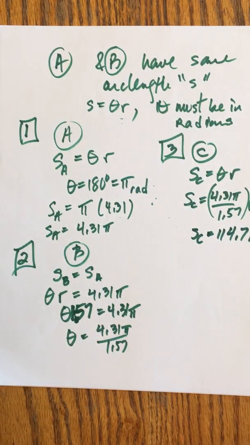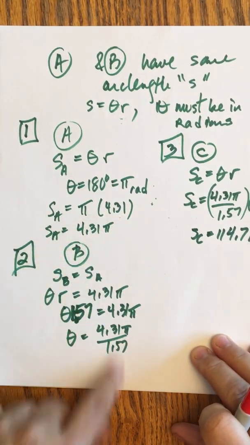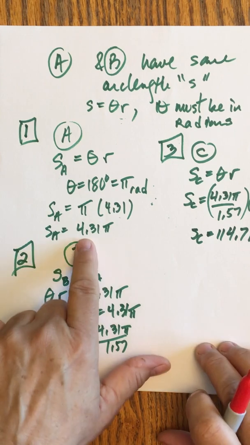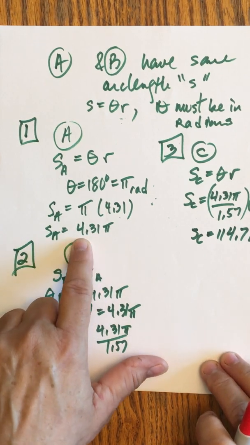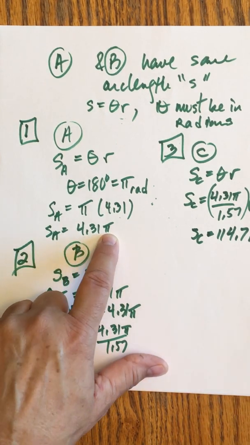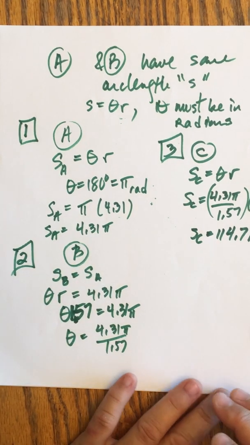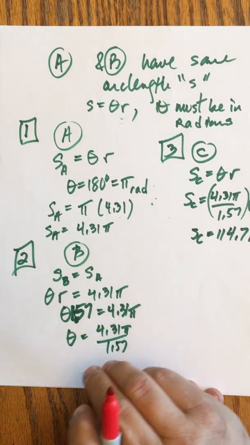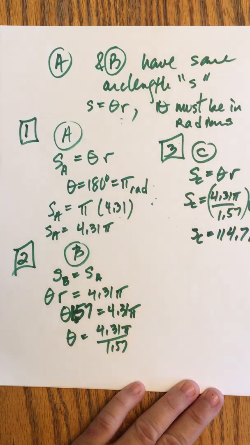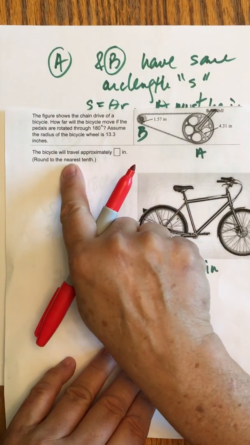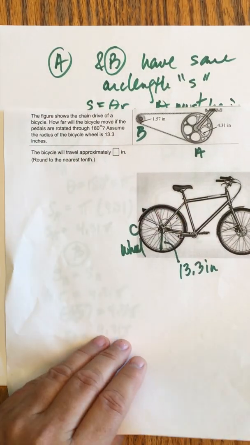All right, now let me just mention why I carried these numbers and didn't put them into my calculator right away. I didn't put in 4.31 times pi and then round. Let's just say I had done that, and because they asked for the tenth, I went to the hundredths.